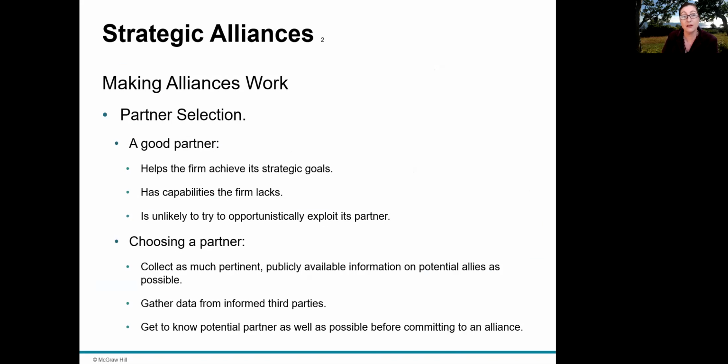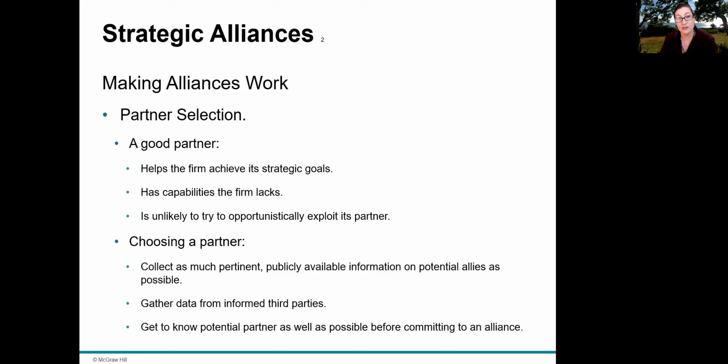So how do we make alliances work? Well, partner selection is at the top of the list in terms of priorities and considerations here. A good partner helps the firm achieve its strategic goals and has capabilities that the firm lacks. A good partner is unlikely to try to opportunistically exploit the partner organization.